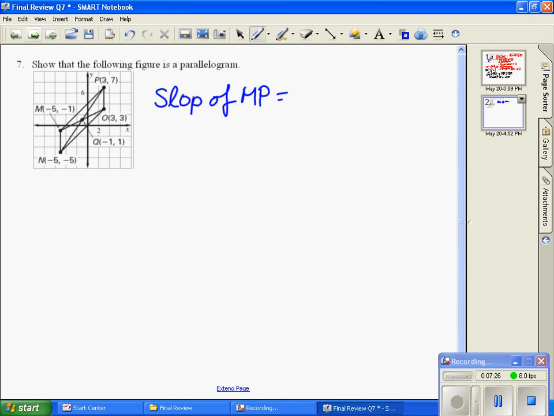So remember, slope is rise over run, or you can say the change in y over the change in x. So change in y, 7 minus negative 1 over change in x, 3 minus negative 5. Okay, so let's simplify this. So that gives us 8 over 8, which is equal to 1. So our slope of MP is equal to 1.